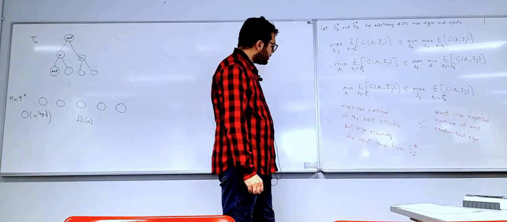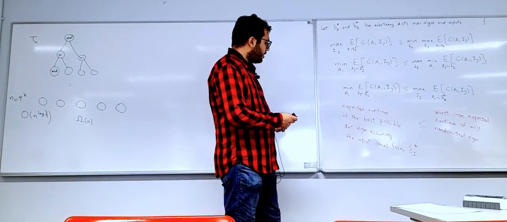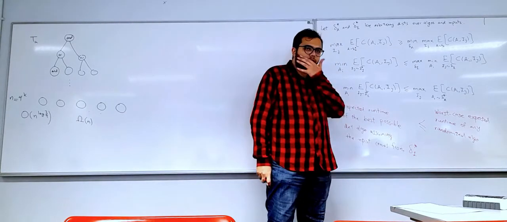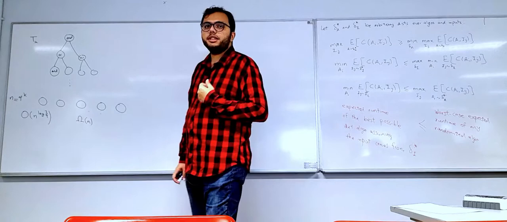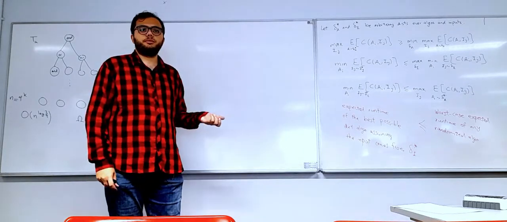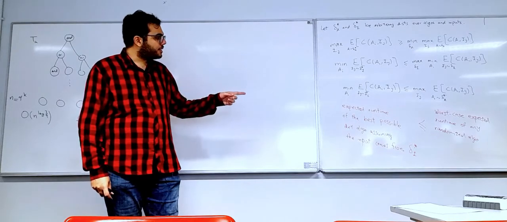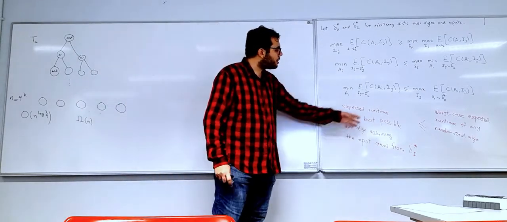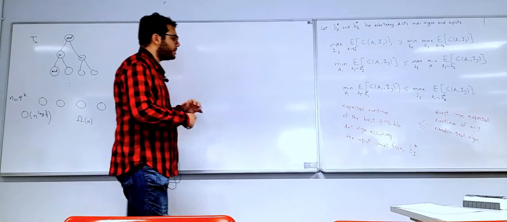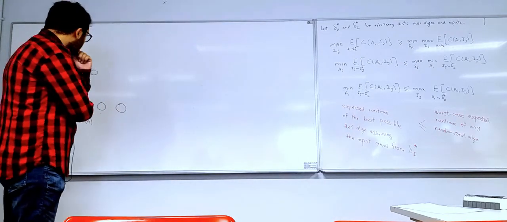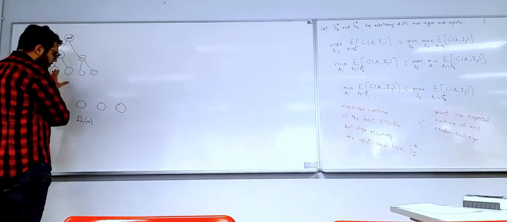What this says is that you can just pick any distribution for the inputs and then find the best deterministic algorithm for that distribution. And the runtime of that deterministic algorithm on that distribution is going to give you the lower bound on the runtime of the randomized algorithms. Okay. Now, we talked about deterministic algorithms for this problem.